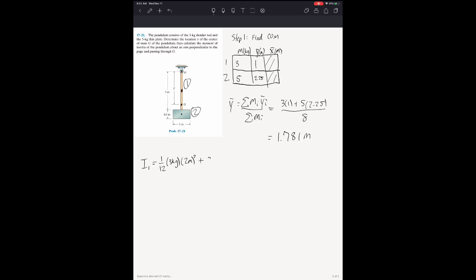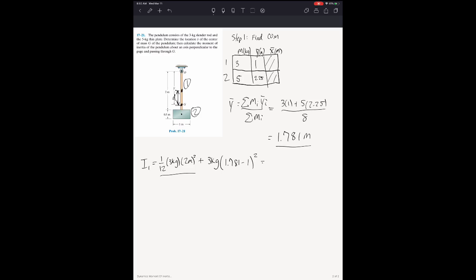That is the mass times the distance, that is this distance, squared. The distance between where this formula was valid, which is its own center of mass, and where you want to know it, which is the overall center of mass at G. That distance is, well, this is 1.781 meters down, and the original center of mass is 1 meter down, so 1.781 minus 1, and that is squared.